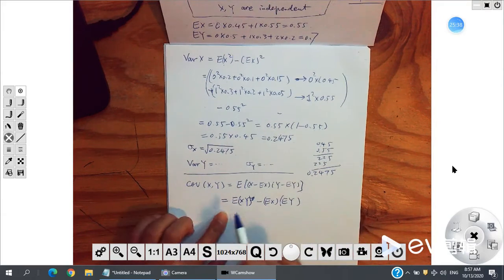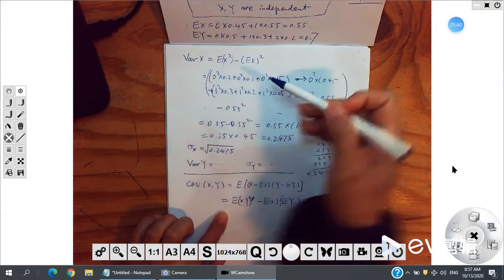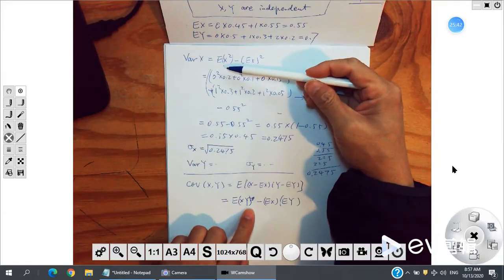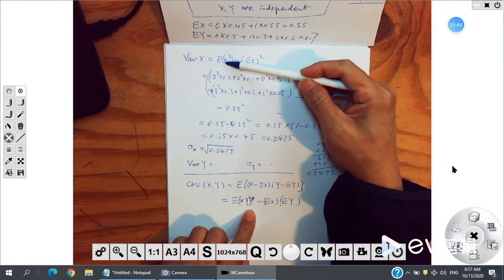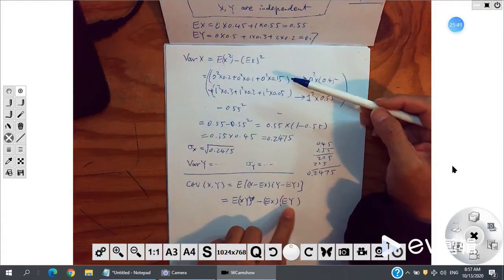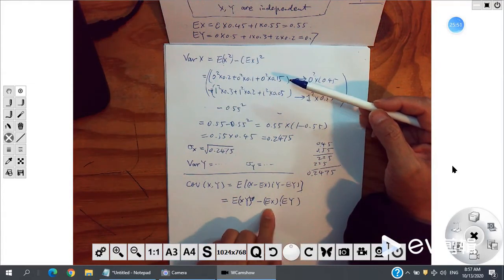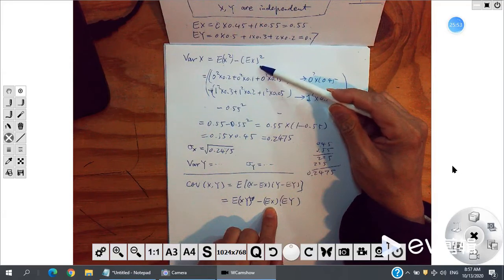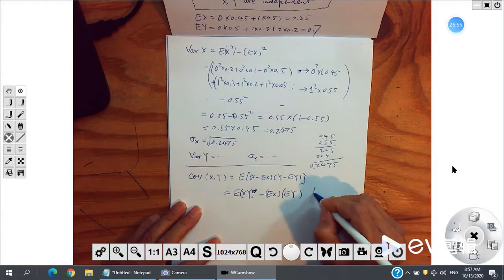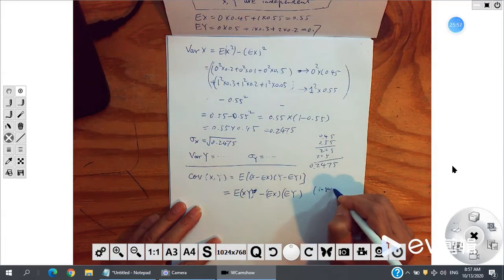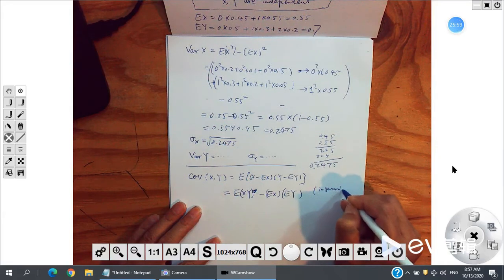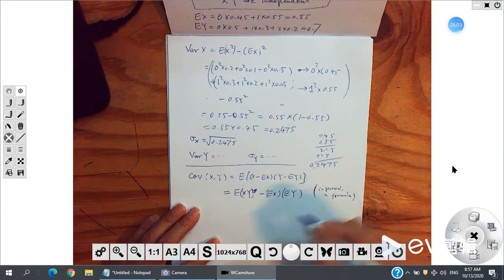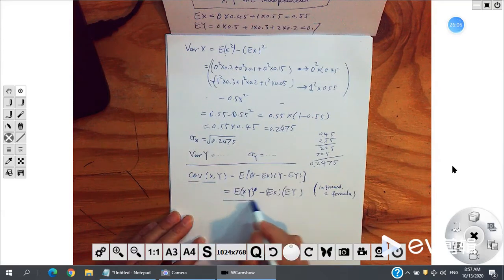This formula is similar to this one. You see, if X equals Y here, then here will be X squared, right? If X equals Y, this will be the square of EX, right? So this is the formula in general. Every time you need to calculate this one, you can use this formula.